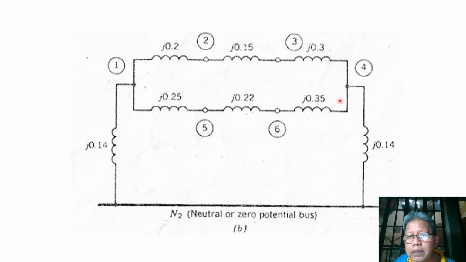And between bus 6 and bus 4, we have transformer T4, which is delta-delta connected, and negative sequence current can flow from the primary terminal to the secondary terminal. So our transformer T4 is just represented by its reactance J0.35. So this is how our negative sequence network of the given power system is represented.